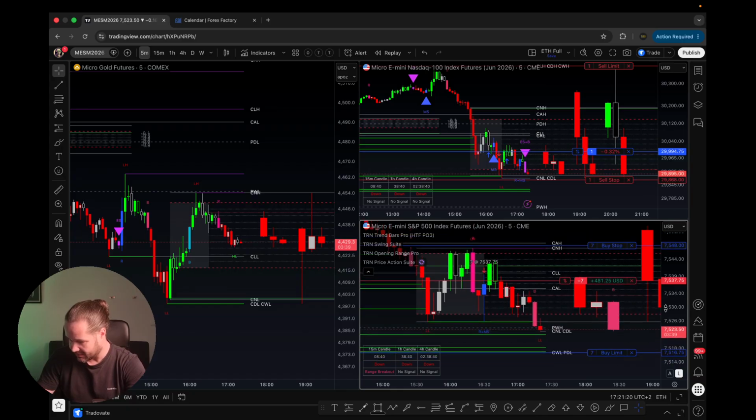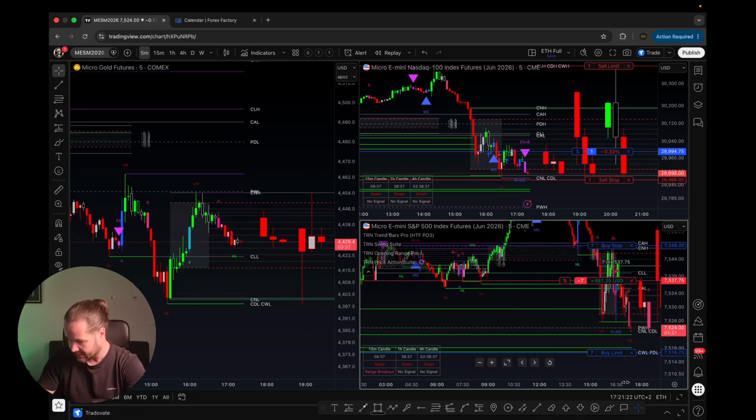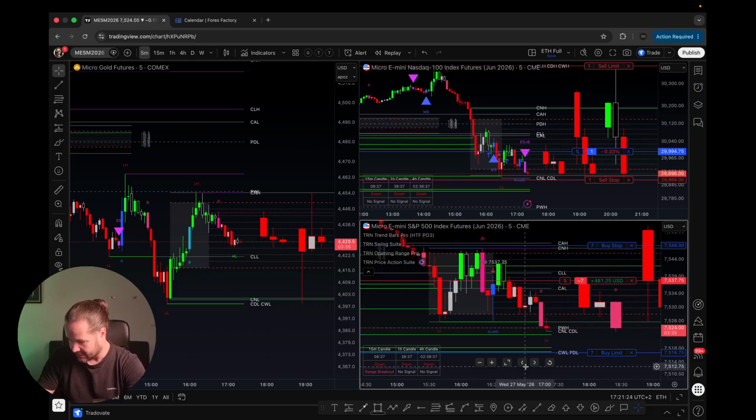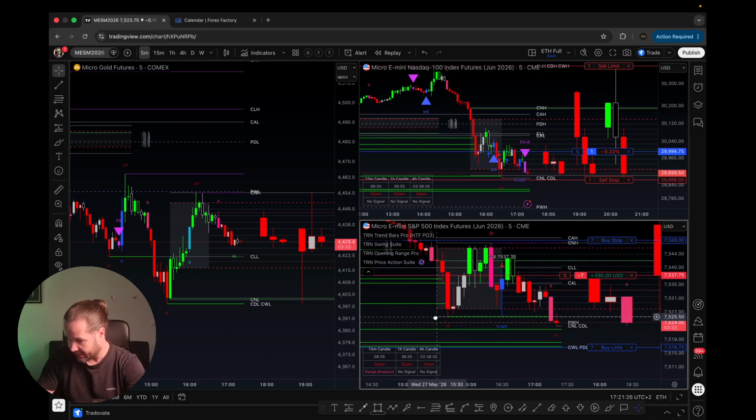So the next interesting level is very close. Let's see, I think we will grab the liquidity very soon. And then probably go lower. Here it comes. The New York, the current day low.